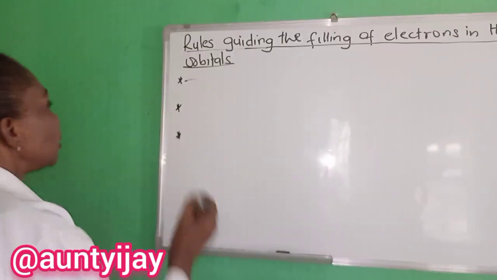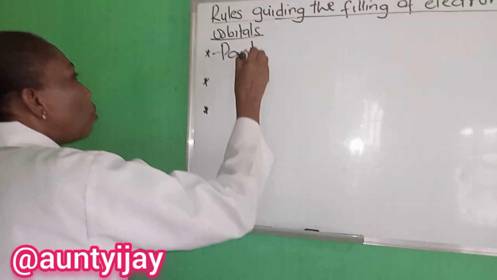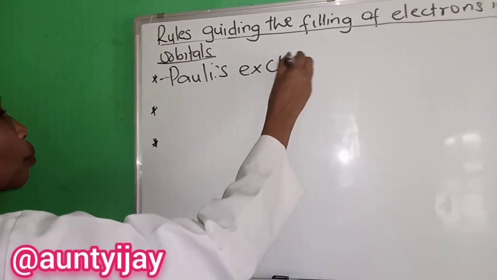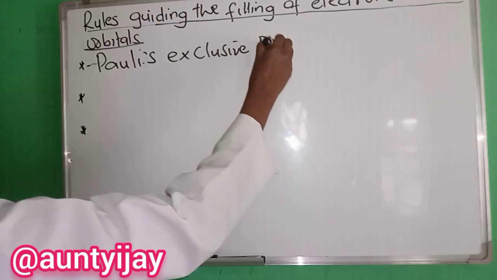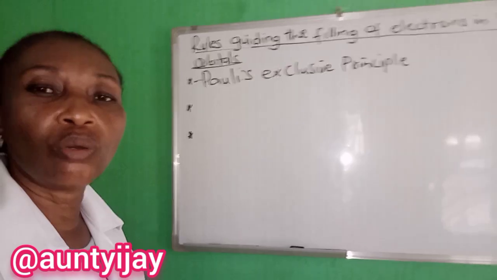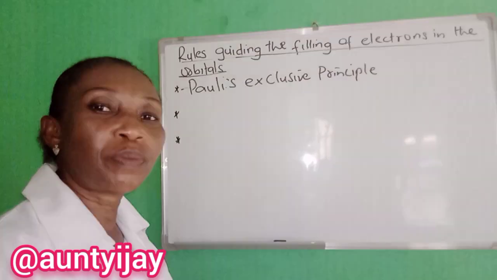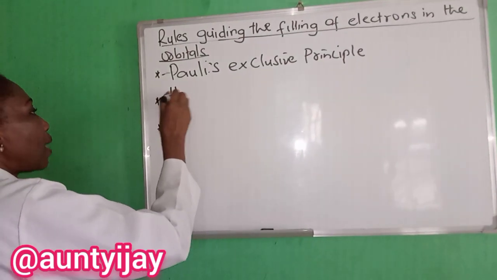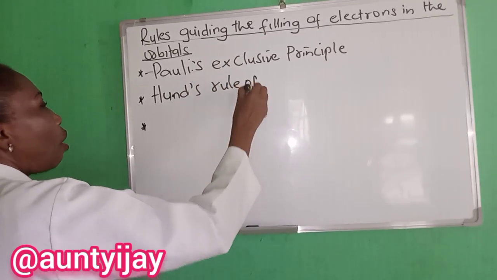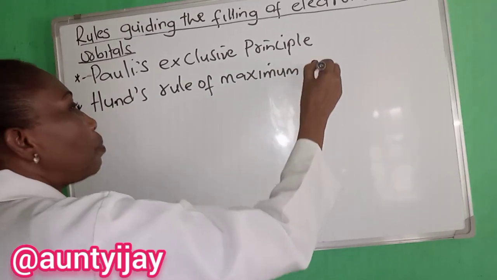We'll look at Pauli's exclusion principle. We're also going to look at Hund's rule of maximum multiplicity.